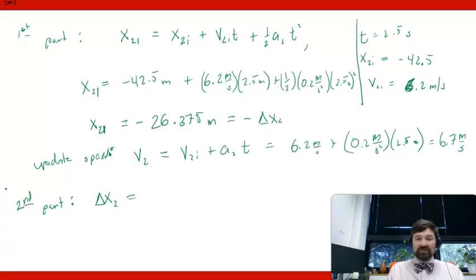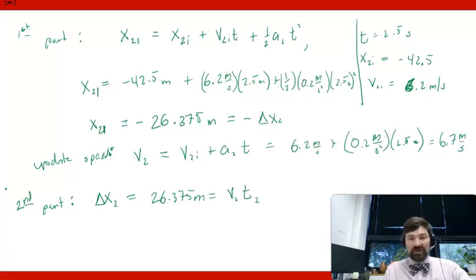So delta x2 is 26.375 meters, and that is equal to v2 times t, or if you want to call it t prime or t2 or whatever you want to describe it as.